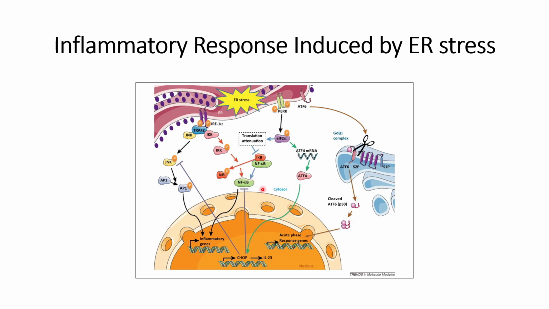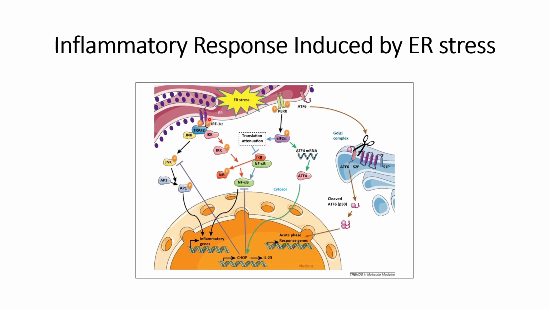First, it will decrease the number of free nuclear factor kappa beta, and also it will degrade this JNK factor or make it dysfunctional. So this is how the PERK pathway plays a role in the inflammatory response.